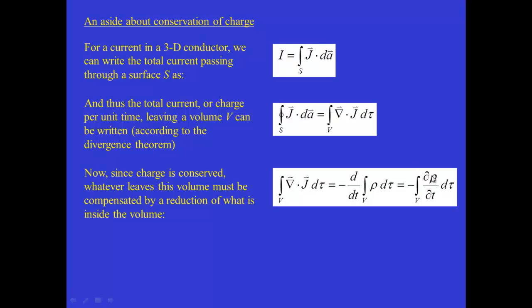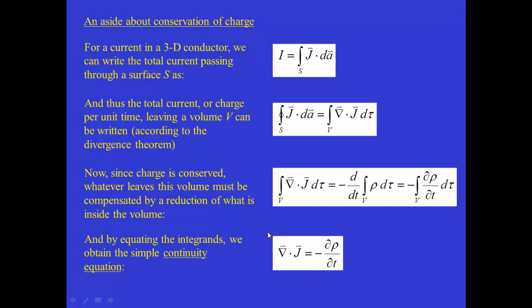And then with just a little bit of manipulation, we can see rho, of course, being a charge per unit volume, could be a function of x, y, and z. And so we will write this derivative as the partial of rho with respect to time. And then one final last step, we can look at these two volume integrals, on the left-hand side and on the right-hand side, and realize that if those are always going to be true, then the integrands themselves have to always be true.